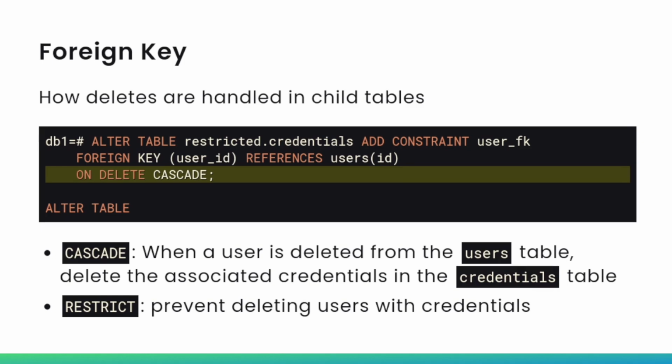I want to delete them, right? There's no reason for me to keep credentials for users that no longer exist in the system, right? So in this case, I want the delete to cascade. Or in other words, if the user is deleted from the users table, I want the rows in the credentials table to automatically get deleted as well.